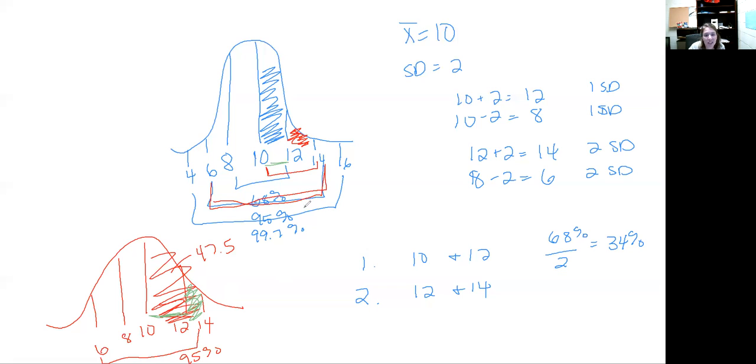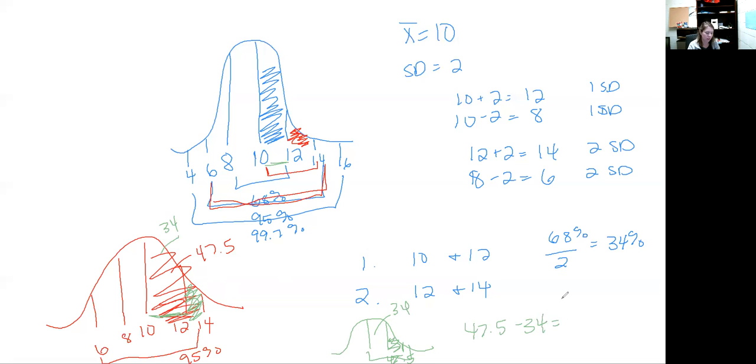So half of 68 we know is 34, okay? So this is 34%. So if you think about it, from here to here is 34, and we know from here to here, this whole thing is 47.5. Can we figure out what just this part is? Well, you would take 47.5 and subtract 34 from it.